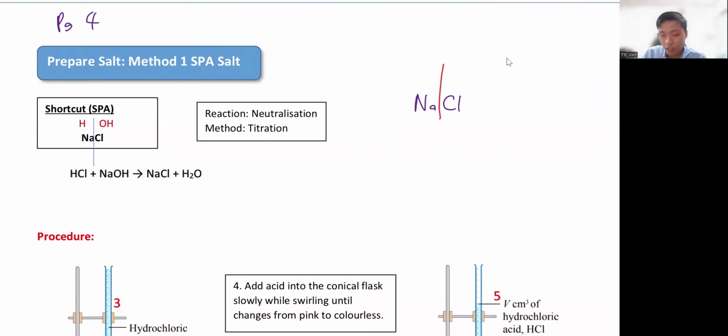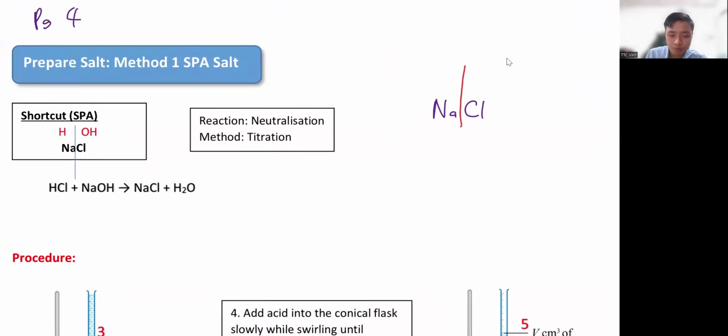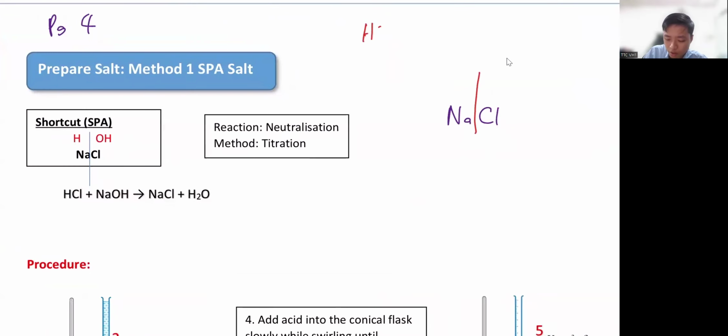So how? Acid and alkali, you need to remember that you need to have 2 ions. For acid you need to have H plus, so you put H at top. And you also got OH minus for alkali. You still remember in Form 1 chapter 6 lesson.